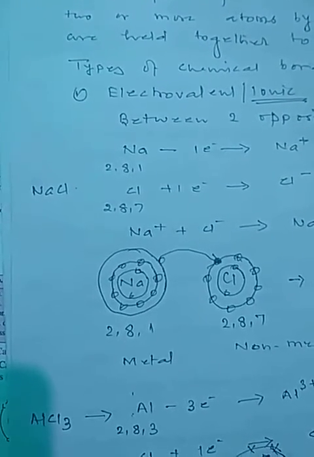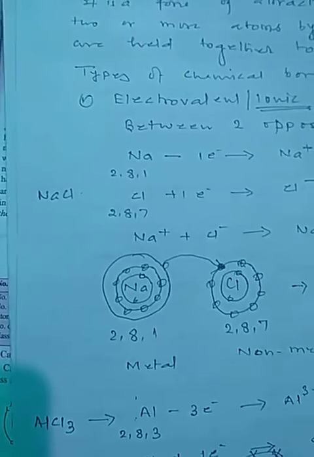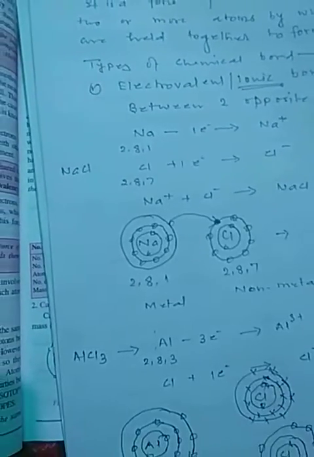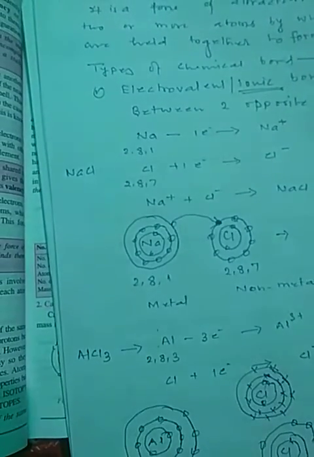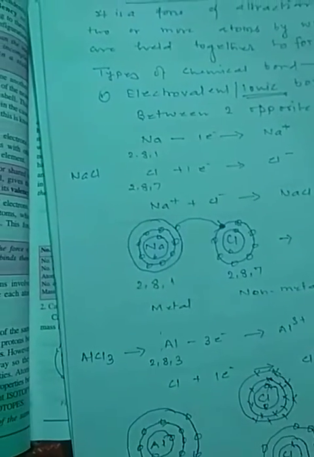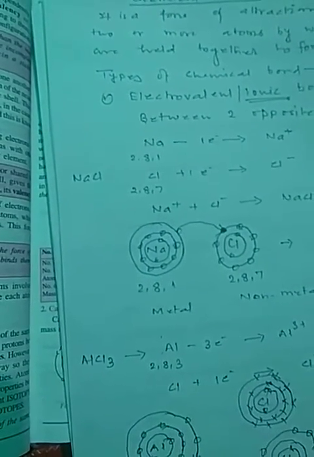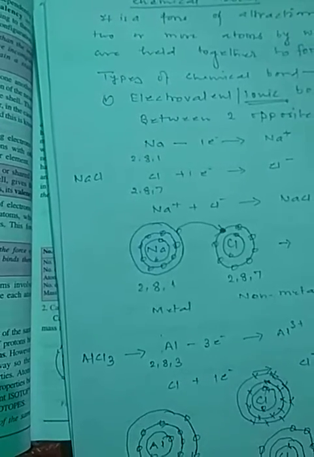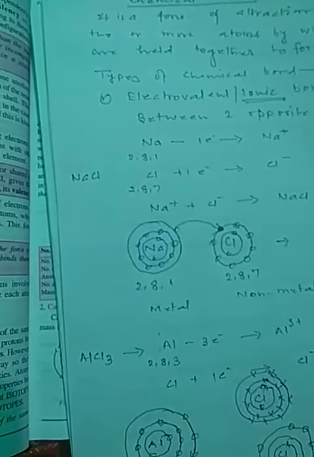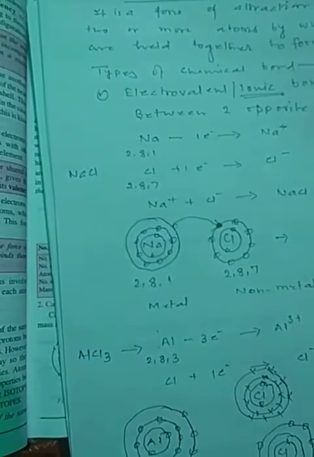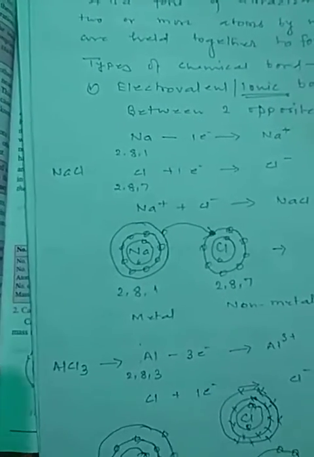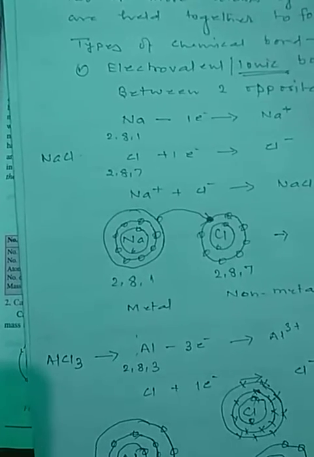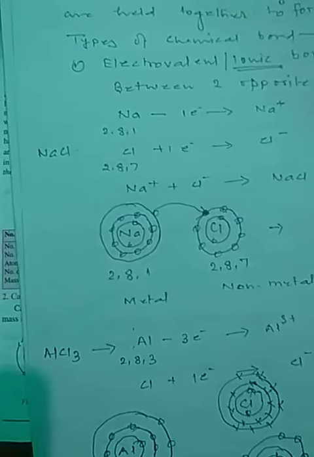So all the atoms except hydrogen and helium have a tendency to get 8 electrons in the outermost shell. There are two options how they can obtain 8 electrons in the outermost shell, and these two options are the two types of chemical bond.